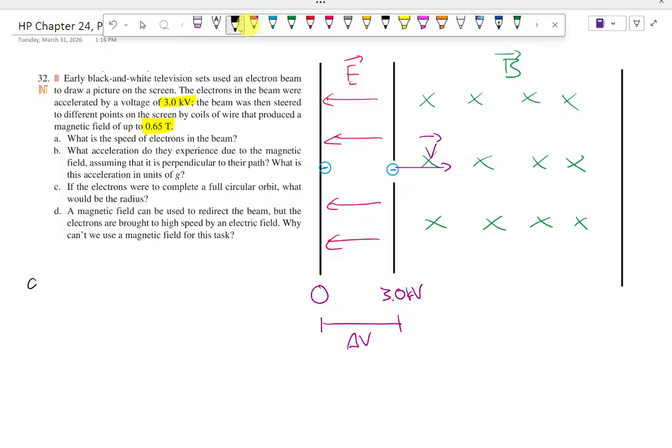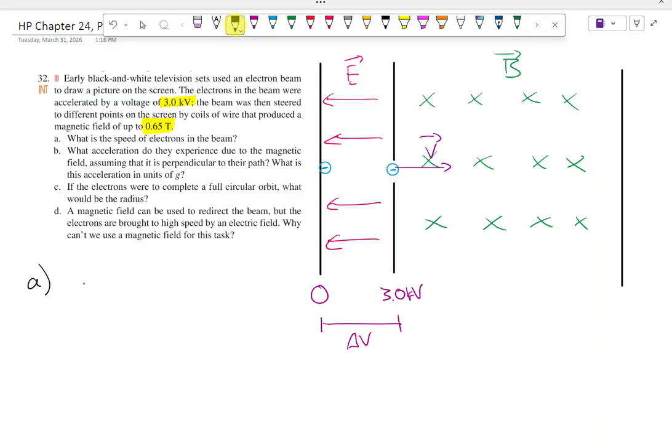So, okay, let's see. We want to find the speed of the electrons in the beam. Speed with an electron moving through some electric potential sounds to me like energy conservation. I tend to like energy conservation with electricity.